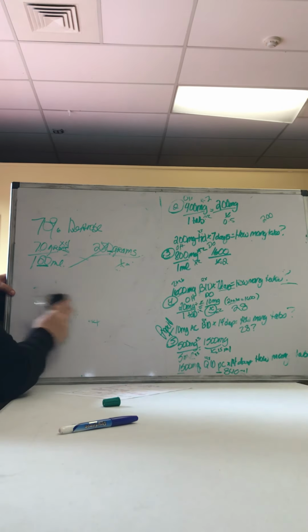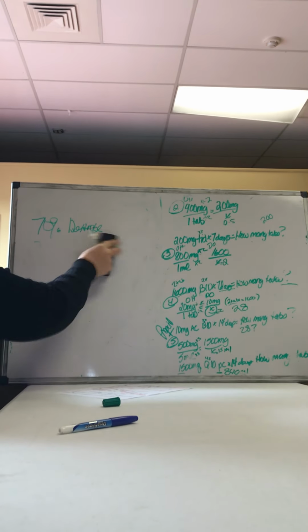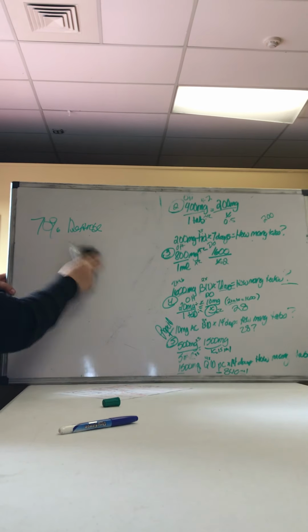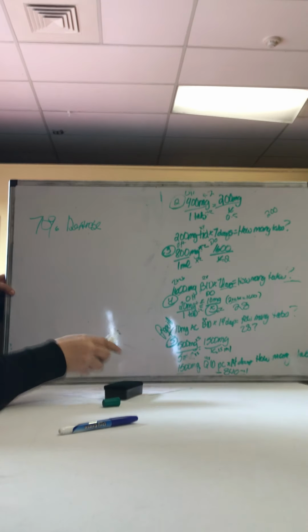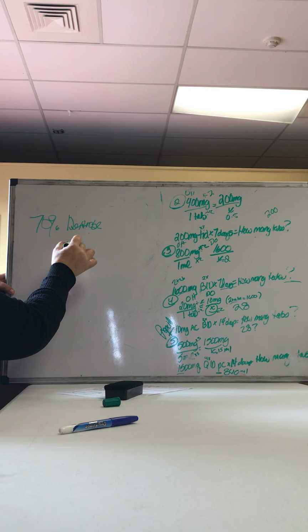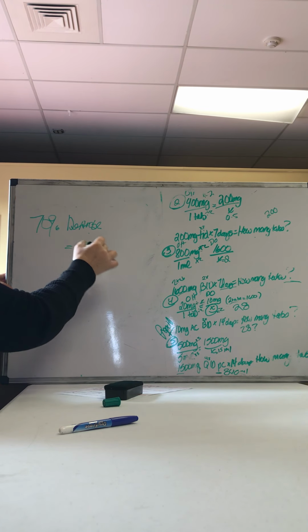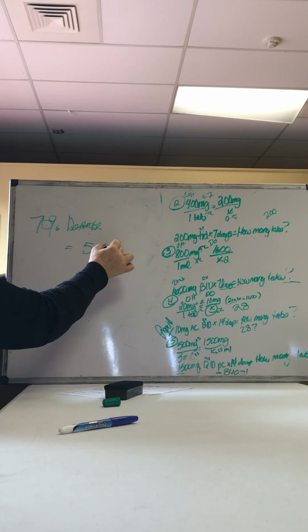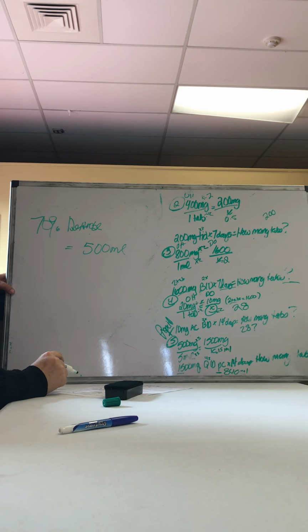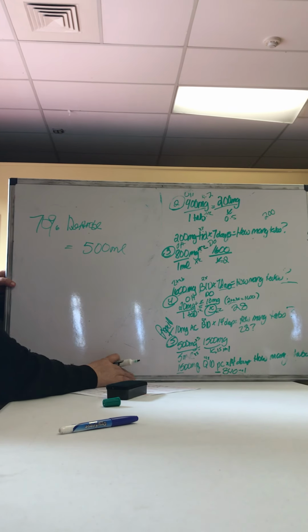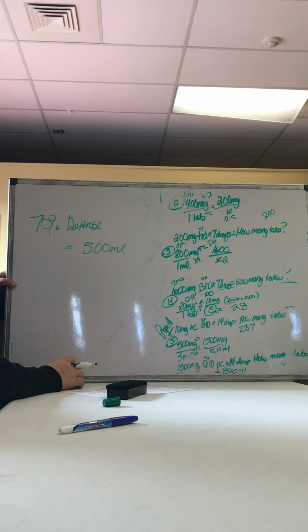No matter what, if this doctor says you've got 70% dextrose back there, how much is in 500 milliliters? So another way to check yourself. You can go ahead and make out the problem, but guess what you can also do?